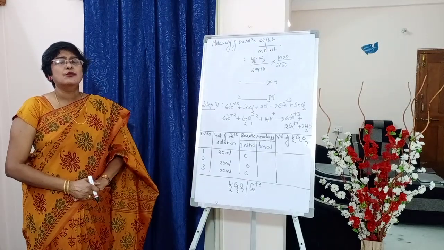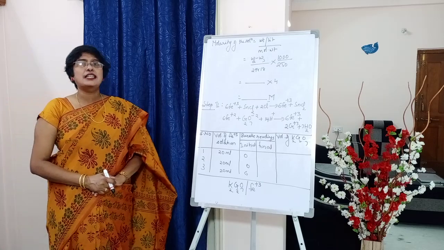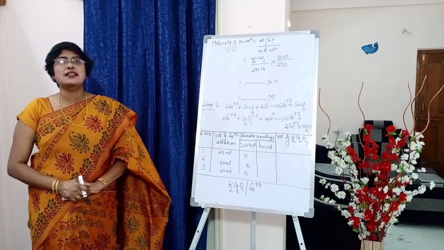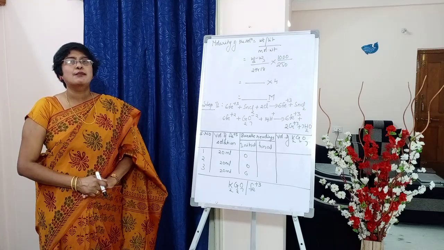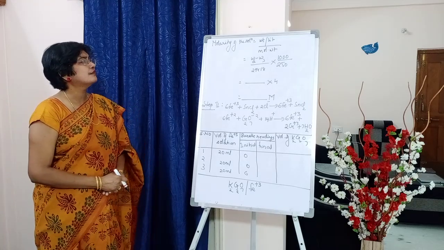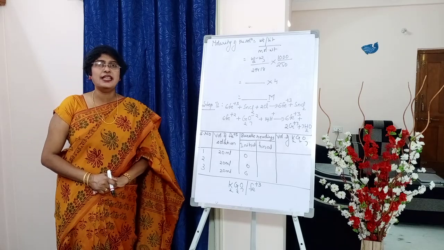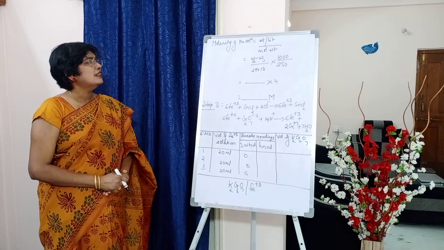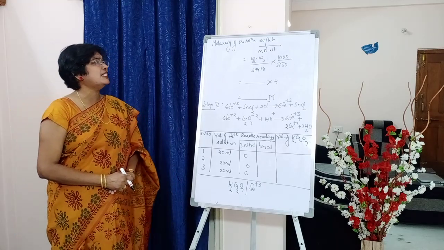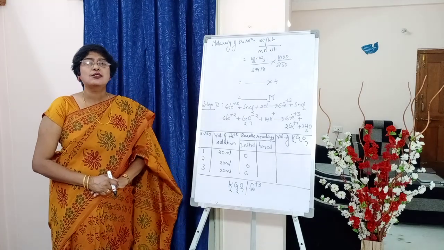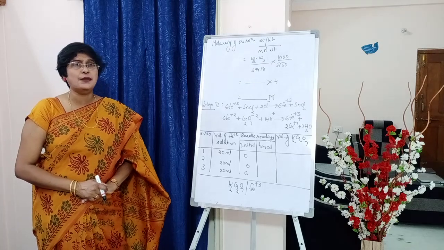So finally, molarity of K2Cr2O7 solution equals weight by liter by molecular weight. So weight comes from W2 minus W3 by molecular weight of K2Cr2O7, 294.18, into 1000 by 250, because we have taken a 250 ml volumetric flask.